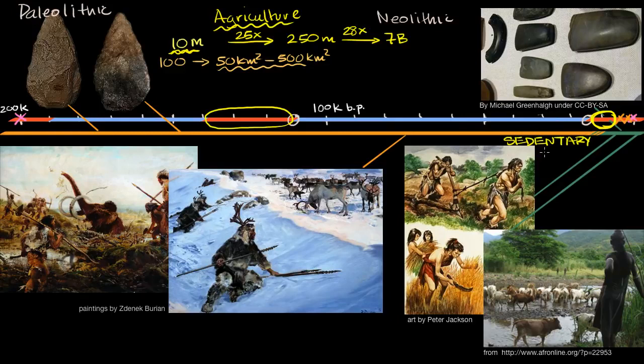You could have specialization, where not everyone is having to worry about food all of the time. And so you could develop warriors. You could have technology developing, especially weapons. And so not only would that tribe or that group be able to get higher density, but they would be able to defend their property.